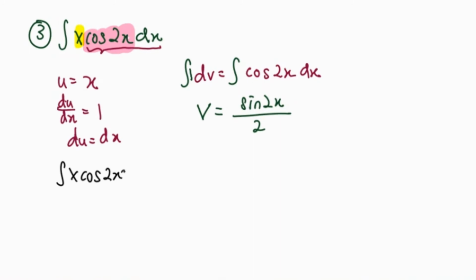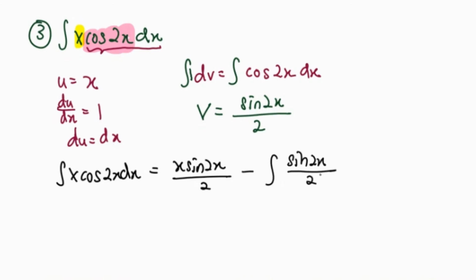Then we plug in our integration by parts formula where u times v. So x sin 2x over 2. This is our u times v minus the integral of v du. du is equal to dx. So how to integrate this?